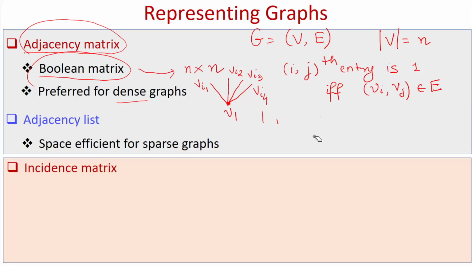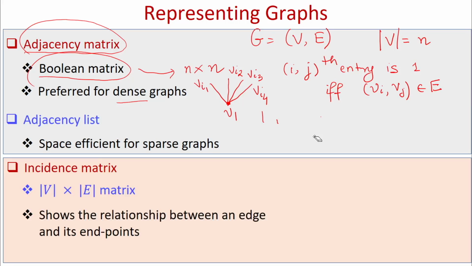And there is this third data structure, which is called the incidence matrix. So what is this incidence matrix? Again, I am explaining assuming an undirected graph. This will be a matrix which will have cardinality of V number of rows and cardinality of E number of columns, and it basically represents the relationship between the edge and its endpoint.